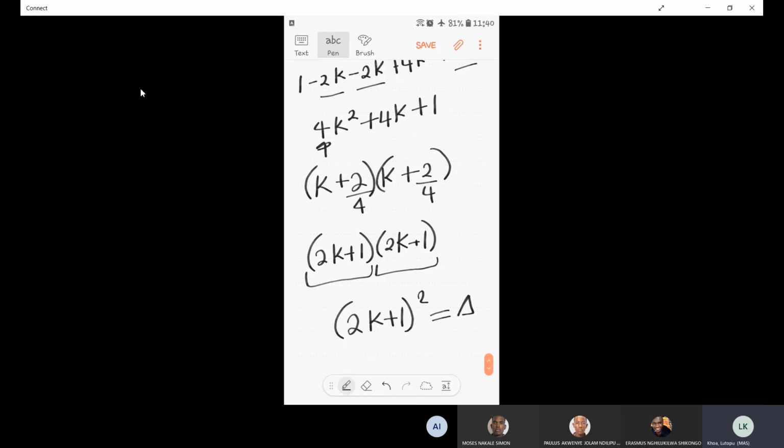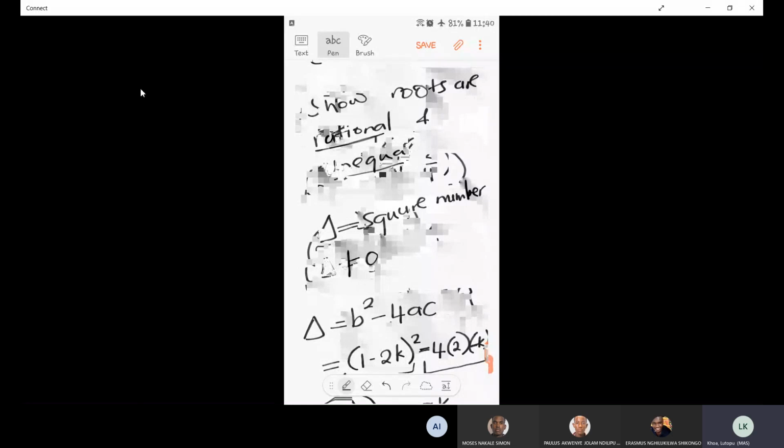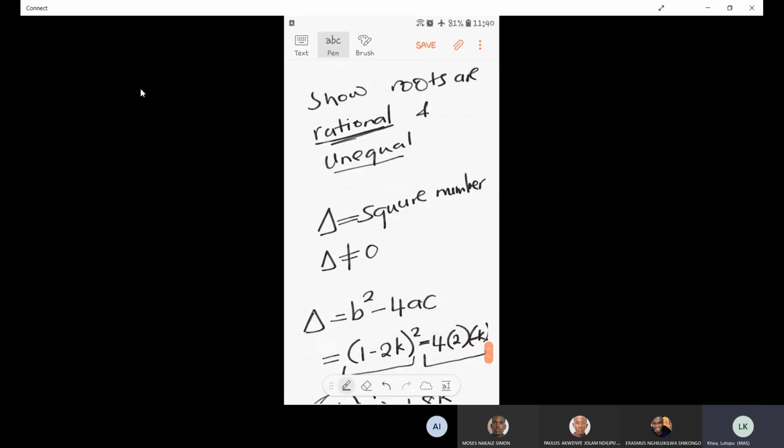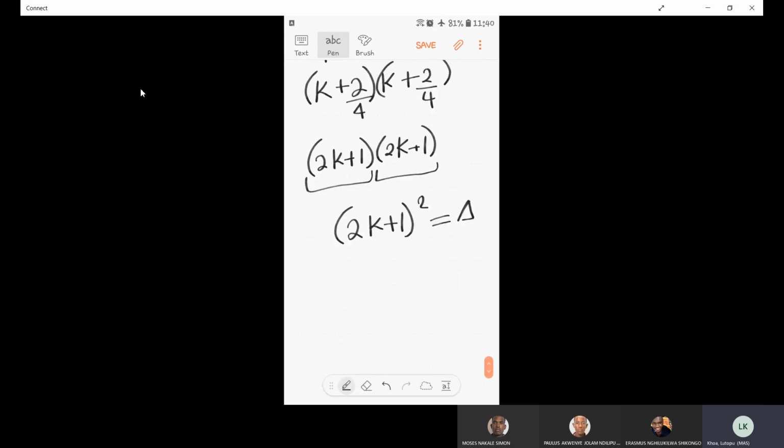Now, what we said at the beginning was, if I have rational roots, I need to show that my discriminant is a square number. And when I look at what I have, (2k plus 1) squared, this is a square number because k is an integer. So whatever integer you put, let's say you put 3, 2 times 3 is 6 plus 1 is 7. 7 squared is 49. 49 is a square number.